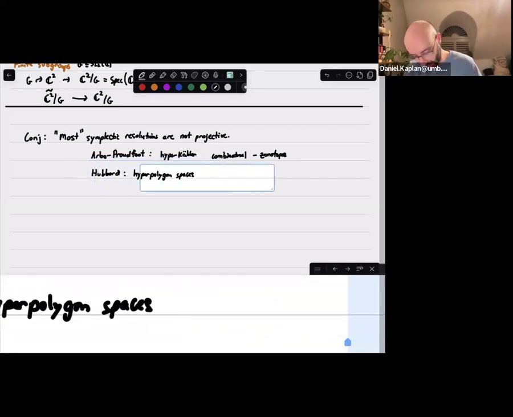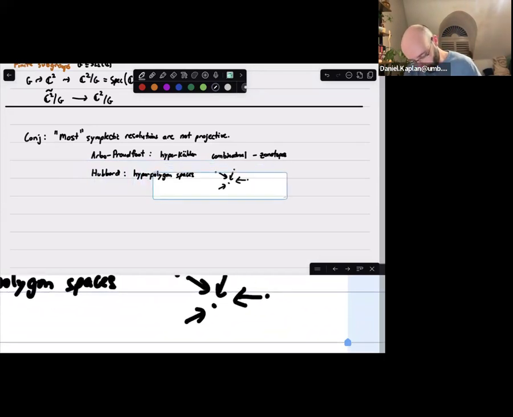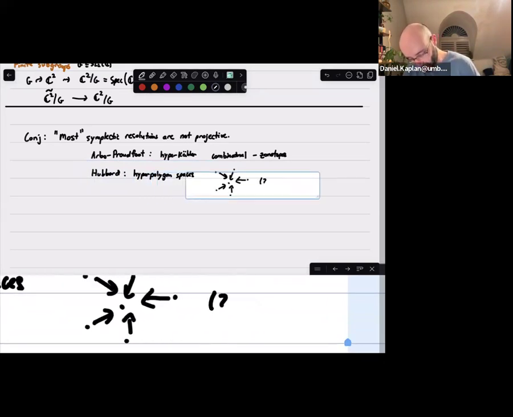In Austin's case, the quiver looks something like this. It had one internal vertex with a bunch of external vertices. And the dimension vector was 2 at that internal vertex, and then the rest were 1s.